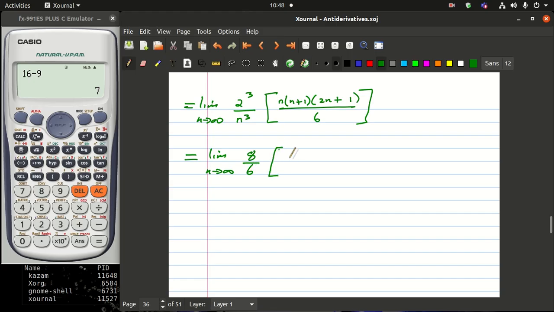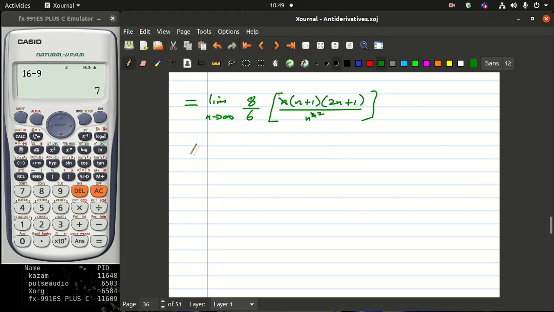And then inside here, I will have n, then n plus 1, then 2n plus 1, and divide this whole thing by n cubed. From there, I can cancel one n with one of the n's in n cubed, and you have n squared left.